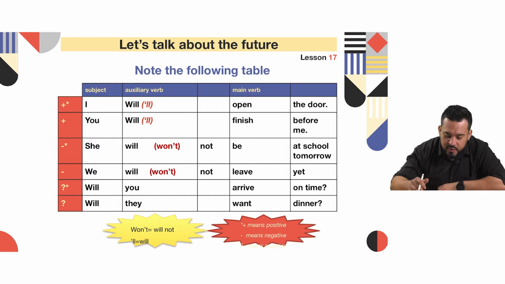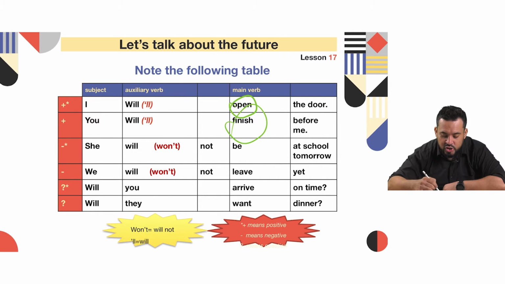Okay, let's take a look at this table right here. I will, for short, it becomes I'll open the door. I'll open the door. So the main verb here is open. You'll finish before me. She won't, or will not, be at school tomorrow.